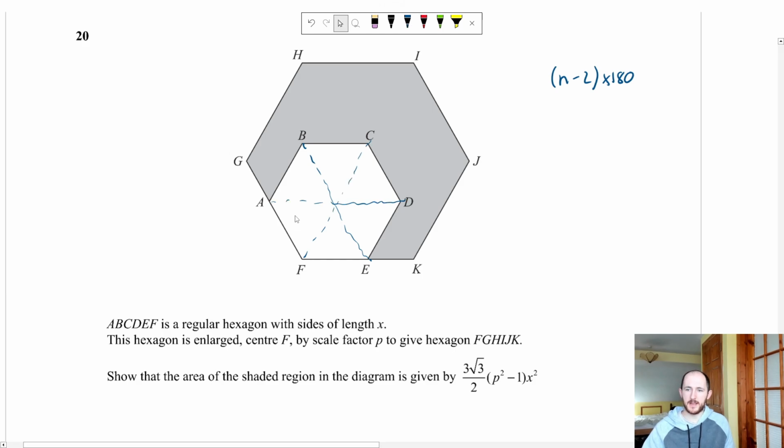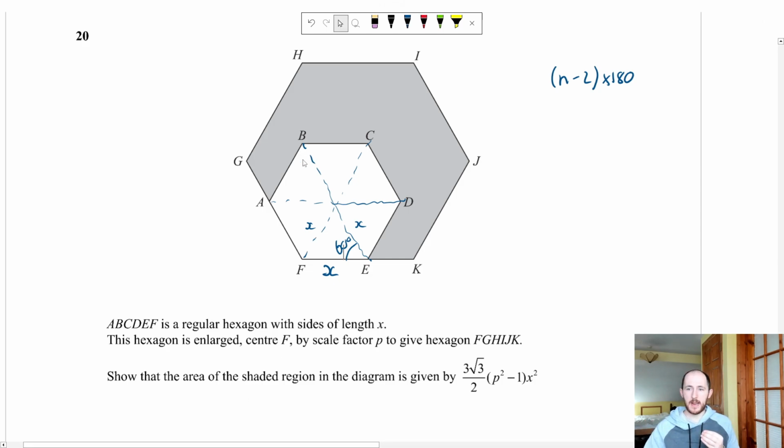As you can see, we have 6 triangles, and they are all the same length, even though it's a bit tricky to see that. Now, it tells me that each side is length x. And the interesting thing about these identical triangles is they're actually all equilateral triangles when it's a regular shape, which means all of the sides are the same and all of the angles are 60 degrees.